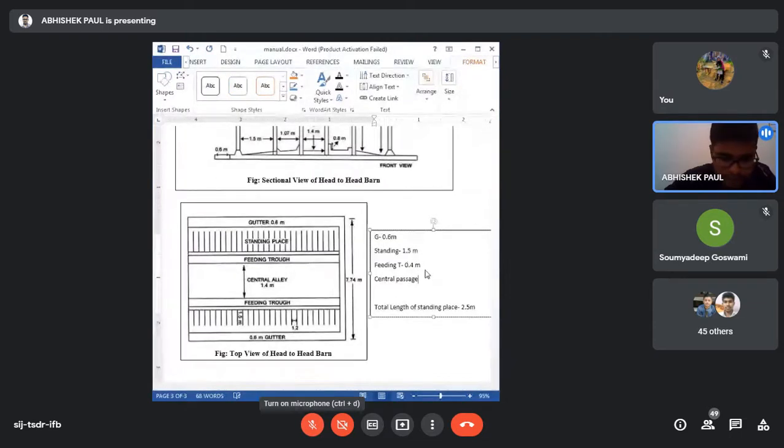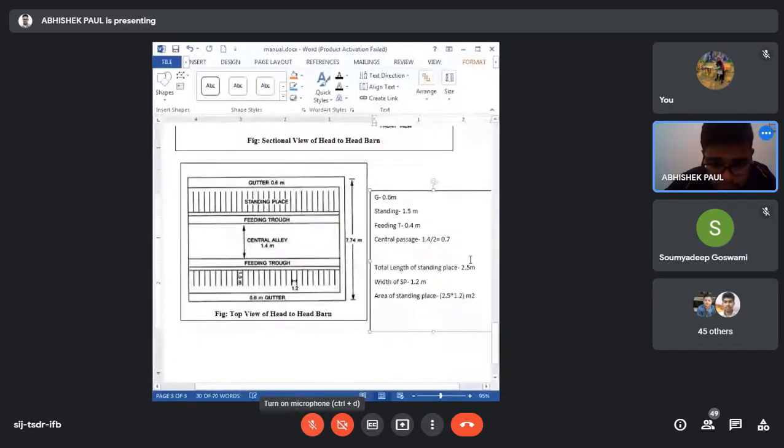Okay, central passage it is 1.4 meter the whole length. Okay, so that should be divided by 2. Divided by 2 means it will be 0.7. Now the length of the standing place will be 0.6 plus 1.5, 0.4 and 0.7.